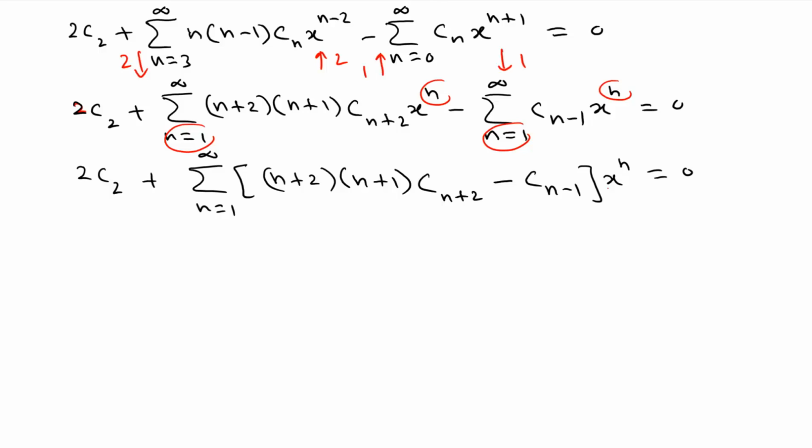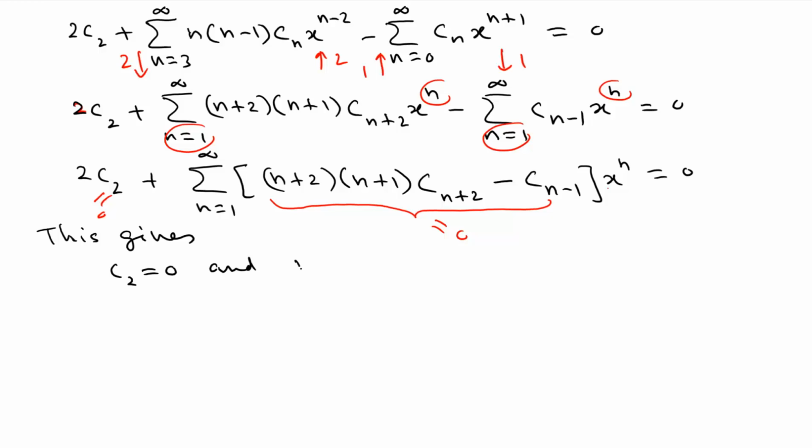You set it equal to 0, that means all the coefficients have to be 0. So this has to be 0 and also this term has to be 0. So we can see c2 equals 0.